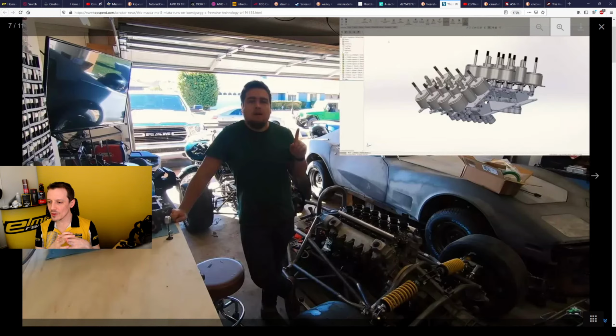Koenigsegg Freevalve actuator looks size-wise similar to a bucket valve lifter. I have seen some renderings, or pictures of the actual engine that Koenigsegg has, and the cylinder head on that is massive. It's much bigger than what you would have on a normal camshaft type thing.